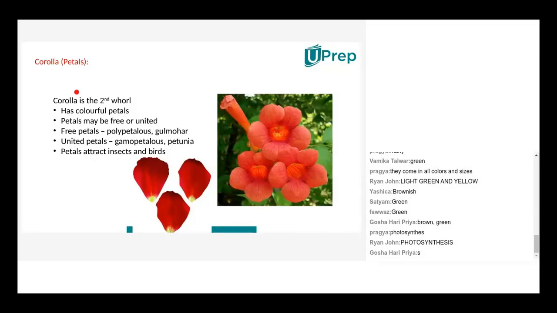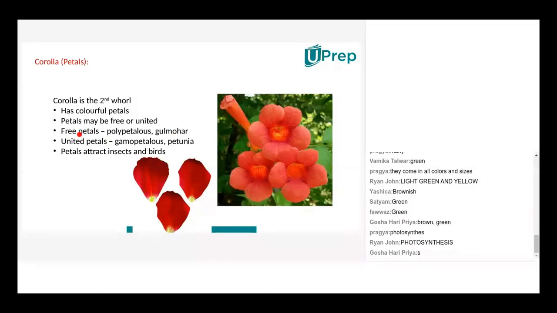Depending on the arrangement of petals, they have been defined as polypetalous and gamopetalous. What is the meaning of polypetalous? Polypetalous means the petals are free. In case of Gulmohar, please pull out the picture of a Gulmohar flower, and you will understand the meaning of free petals.